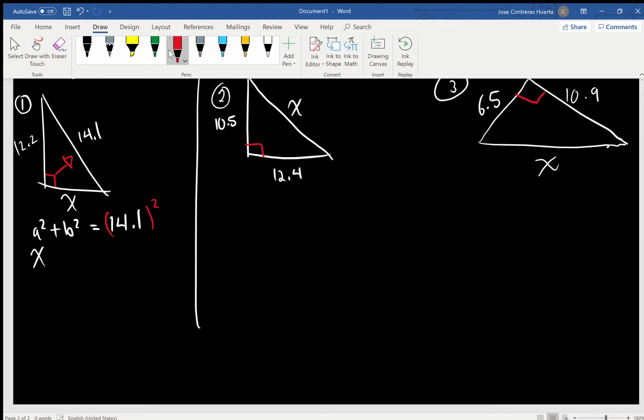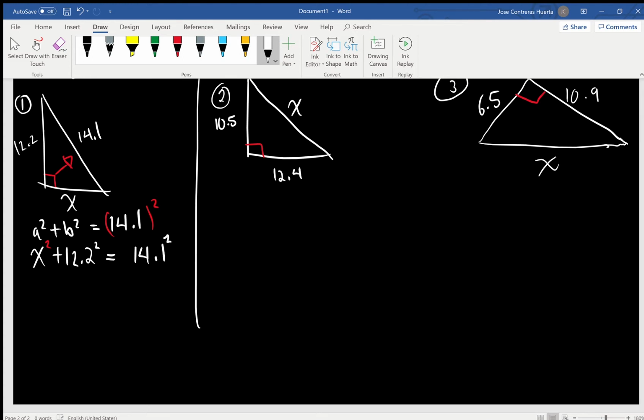And I said I was going to make my A x, so it's going to be x squared. And then we're going to have 12.2 squared be my B. So we have this as our setup.